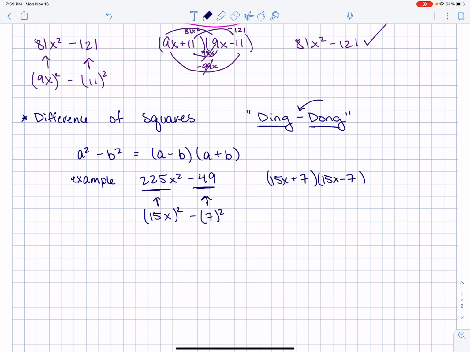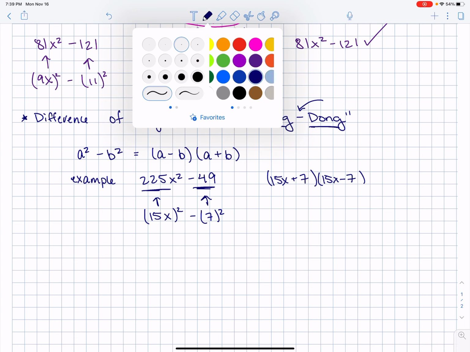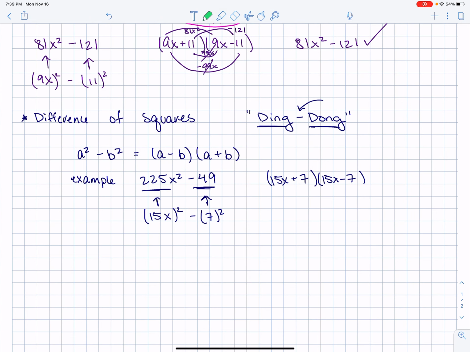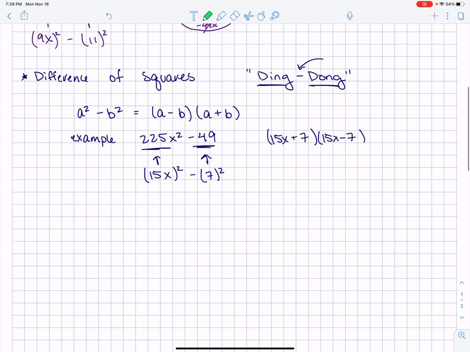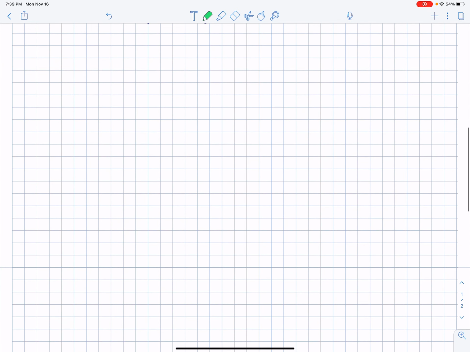Easy as that. So that's your first set of special cases, but there's one more set of special cases, and that's when we run into something like this, which is 9x squared plus 12x plus 4. So you might have seen this before.